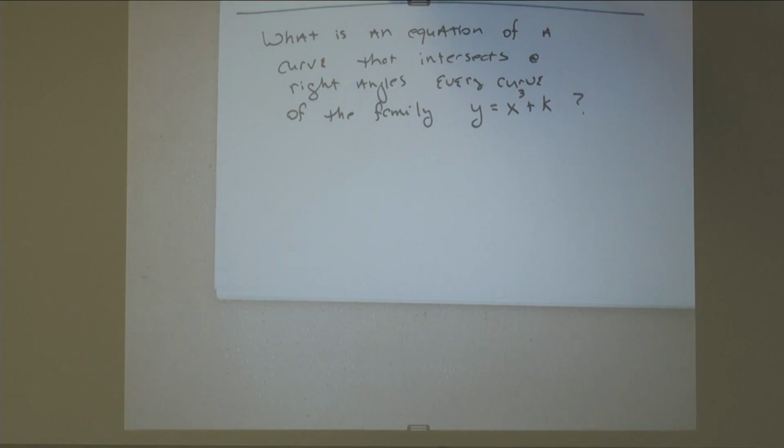What is the equation of a curve that intersects at right angles every curve of the family y equal x cubed plus k? And I don't think y'all have seen anything like this before.